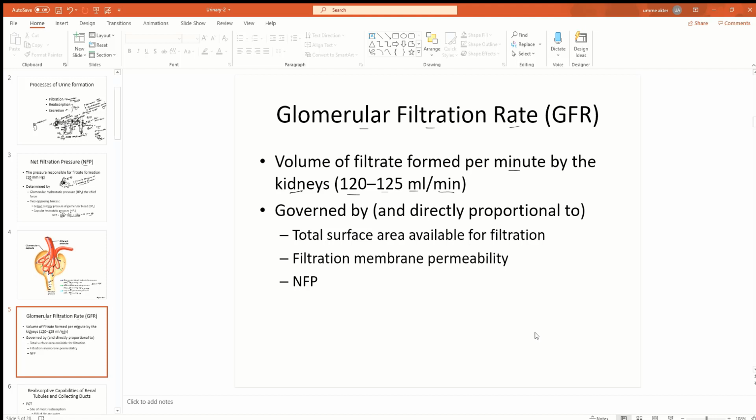And three factors directly influence that glomerular filtration rate, how much filtration will occur. One is total surface area for filtration.